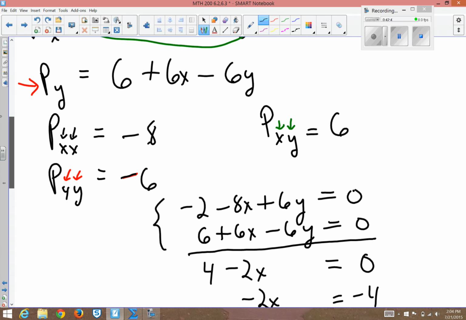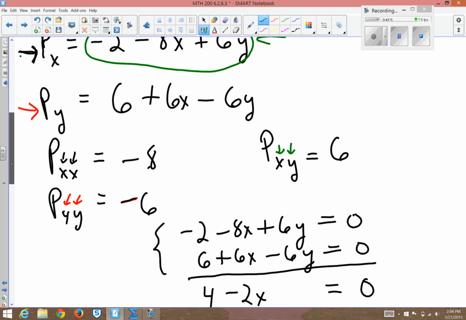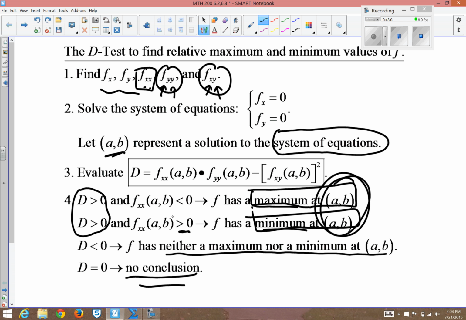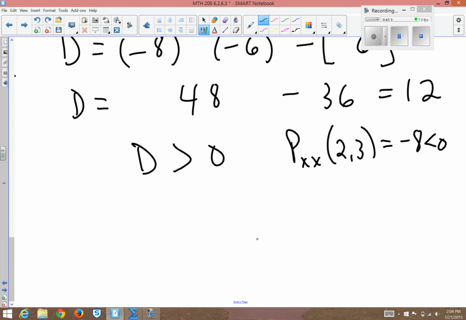That was this number, negative 8. It's always negative 8 at 2, 3, or any place. And because that's less than 0, here's the D test. P subscript xx is less than 0 because it's negative 8. That means the function has a maximum at 2, 3.